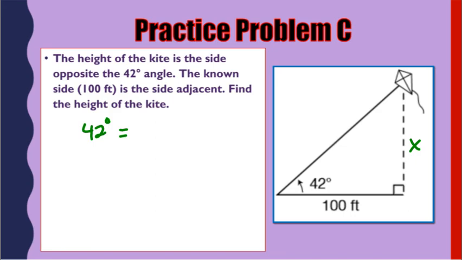And we know we're trying to find the opposite, but we know the adjacent leg. So which one has opposite over adjacent? That would be the tangent. So if that is the tangent, we can take the tangent of 42, get x by itself, I multiply by 100.